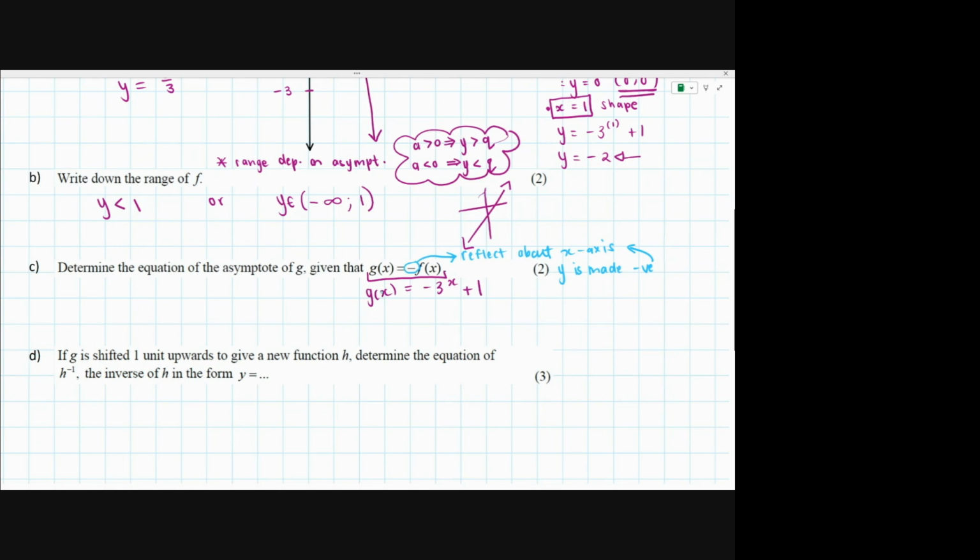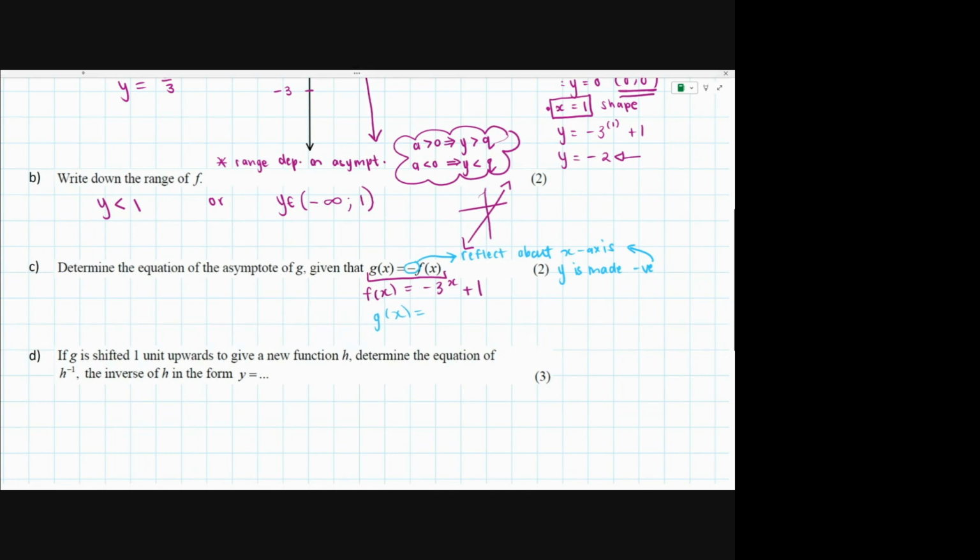So if we now wanted to write down the equation of g of x, what I would need to do is essentially multiply my equation of f of x by a -1. It's a coefficient of -1, so I'm multiplying by -1.